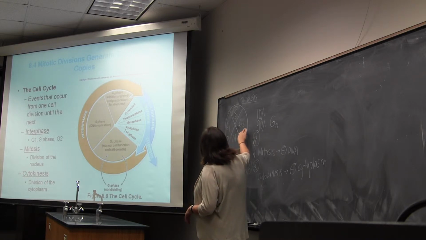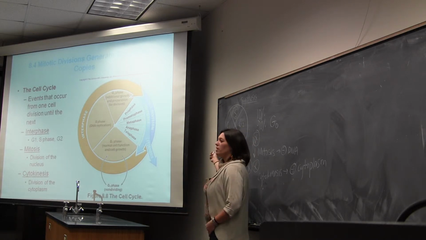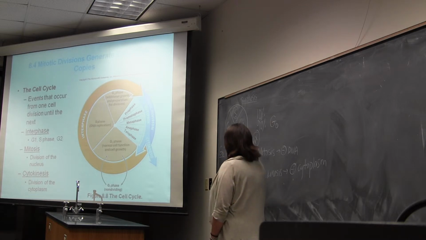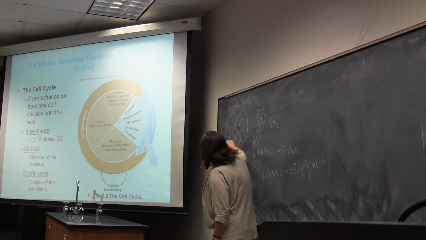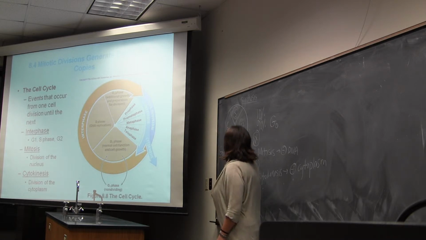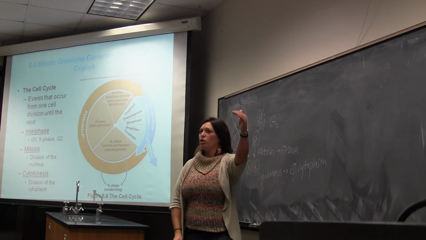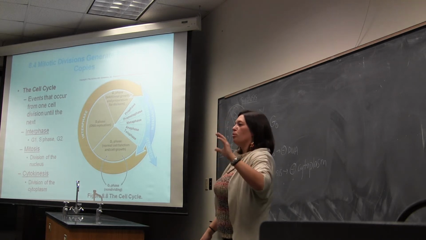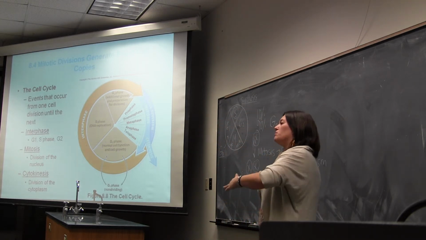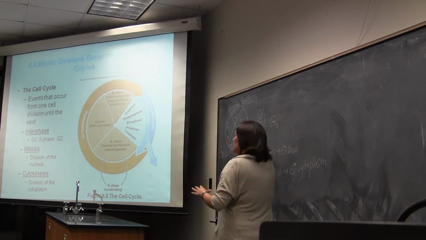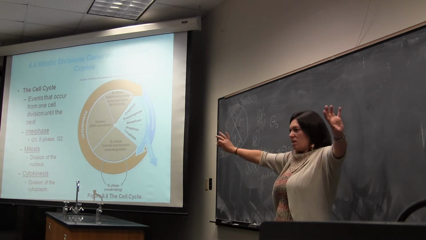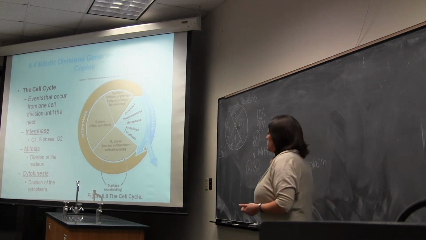But then once it leaves G2, it'll go into M phase. Within M phase, again, this is divided into mitosis and cytokinesis. So mitosis will happen first, and mitosis has its own subset of steps that we'll talk about eventually. And then once the DNA actually gets divided, then the rest of the cell gets divided through cytokinesis.